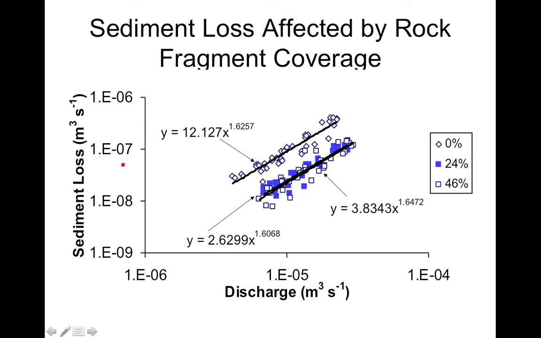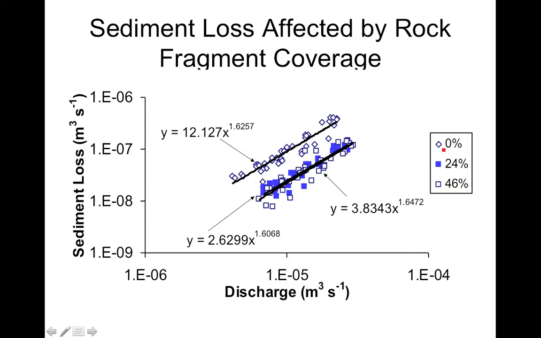And so in your little erosion trace, we were able to establish a relationship between the discharge in cubic meters per second coming off your tray and the sediment loss. And this time it's in cubic meters per second, so we're converting the sediment loss into a volume loss from the tray, not just a mass loss, but a volume loss.